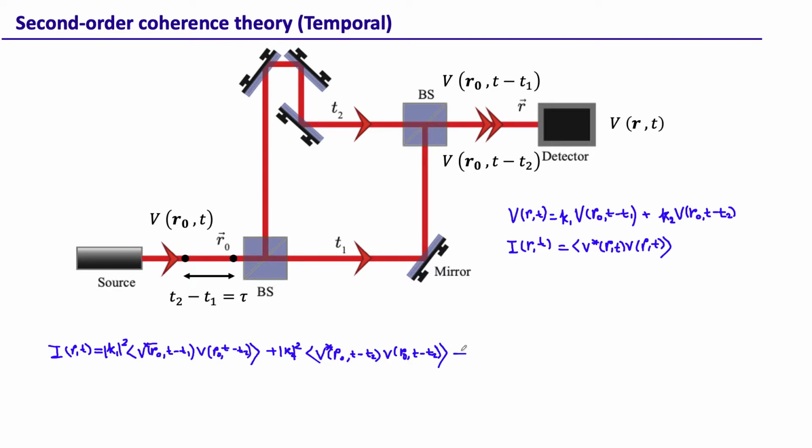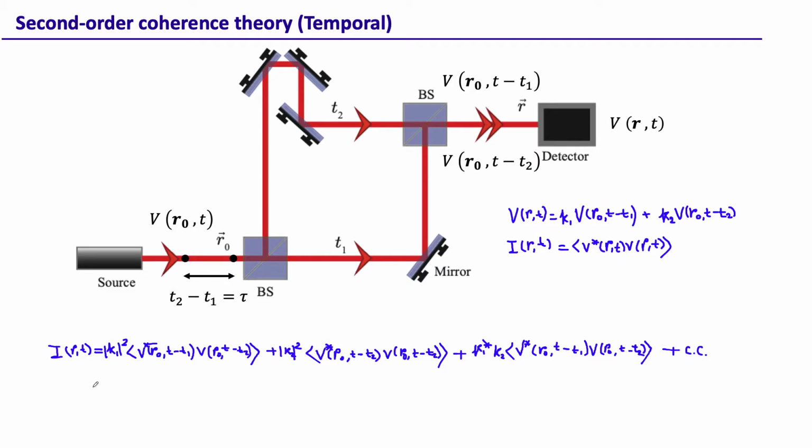And now the cross term, which is k1 star k2 times V star(R naught, t minus t1) V(R naught, t minus t2), ensemble average. That's the cross term. There will be one more cross term, which will just be the complex conjugate of this one.